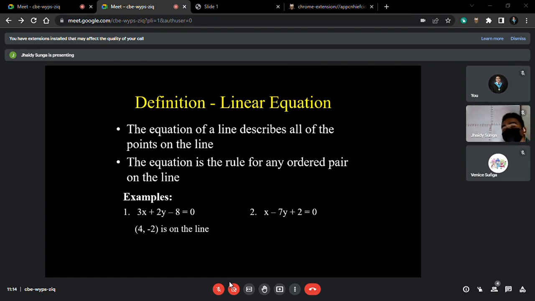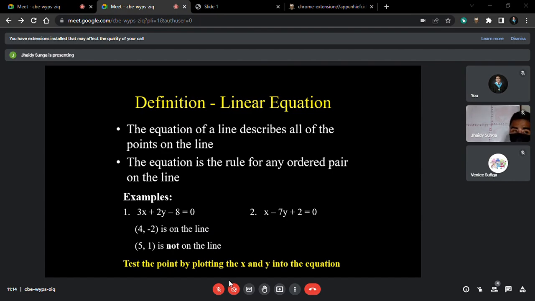Later, you will know how we know if a point is on the line or not. Okay, so it says that 5 and 1 is not on the line. I want you to take a screenshot or take a note about this one, so that later on we could answer this one.